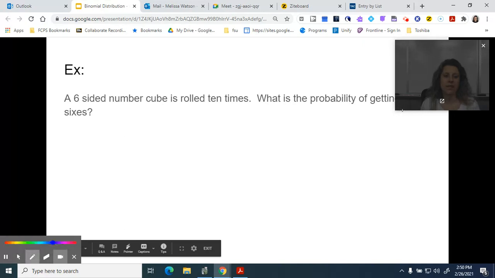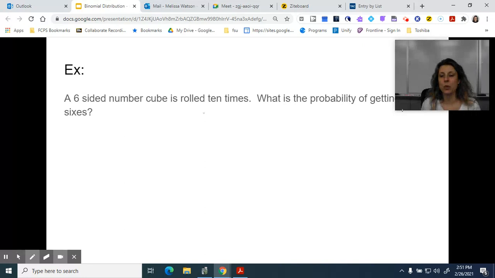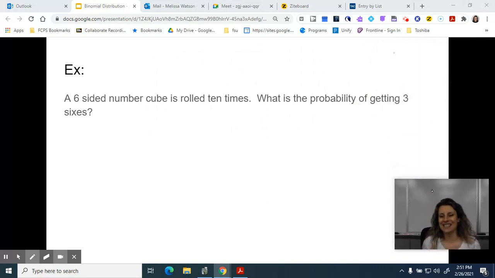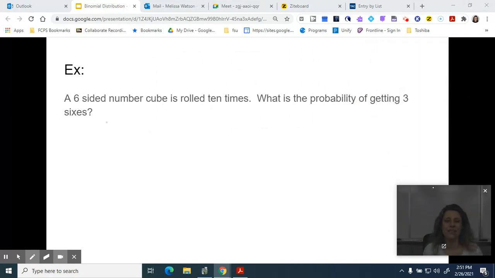This example says, a 6-sided number cube is rolled 10 times. What is the probability of getting 3 6s? Okay, so again, let's double check that this is a binomial setting. First of all, rolling a number cube. We know that it has 6 outcomes.